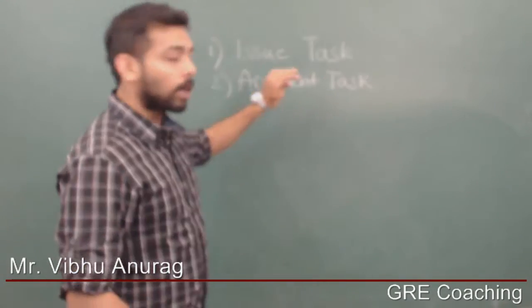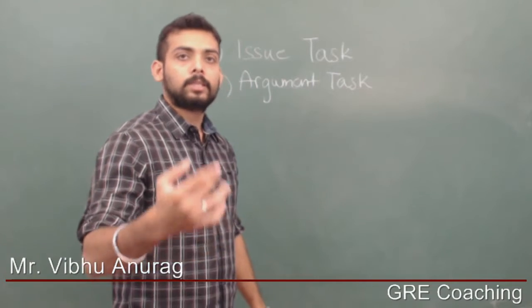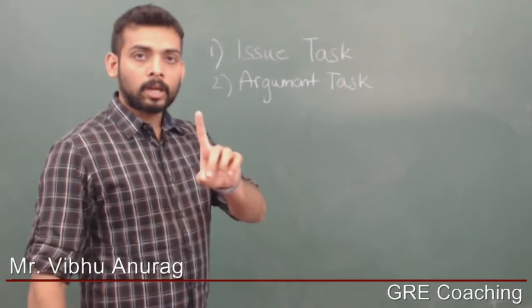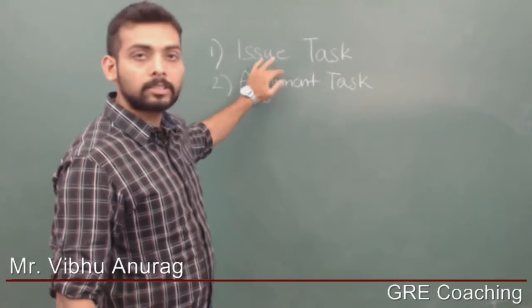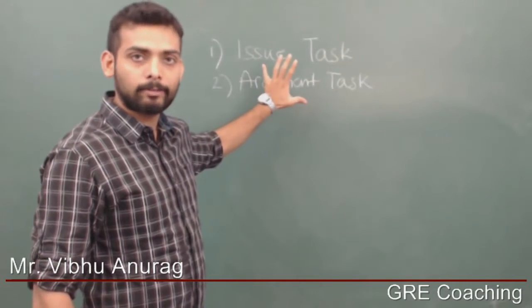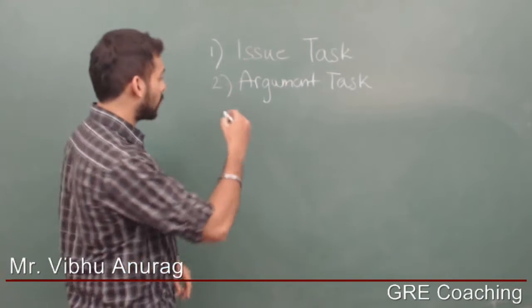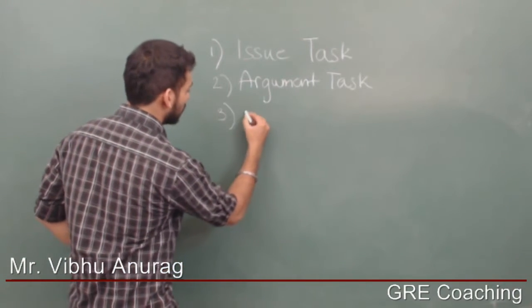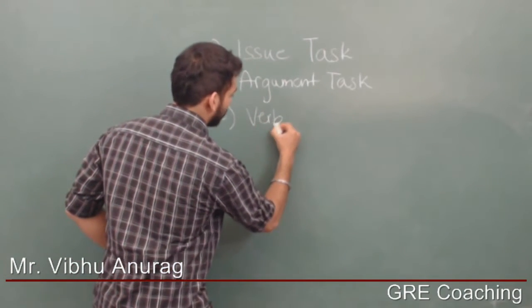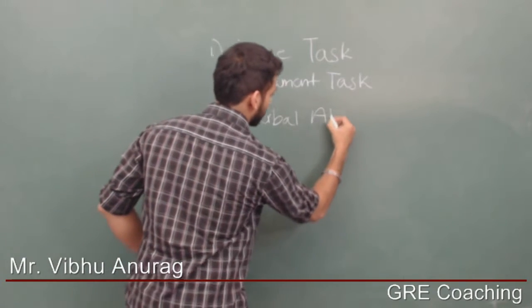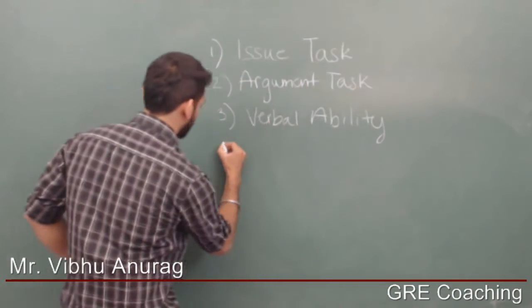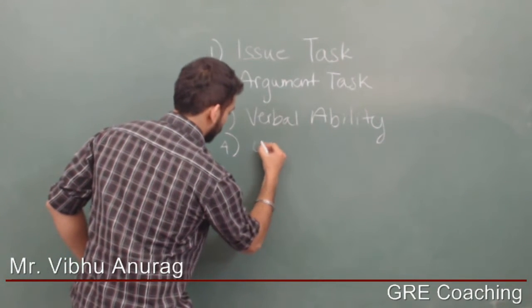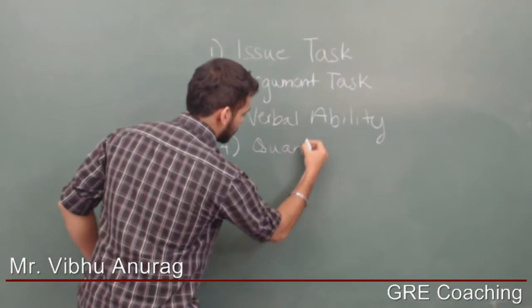Now how will you have to attempt the paper? First of all, the first 1 hour is compulsory for the issue task and argument task, 30 minutes for each. These are the essays you have to write. Once you have finished your essays, you will have your verbal ability and your quants section.